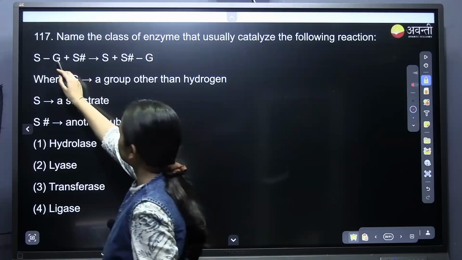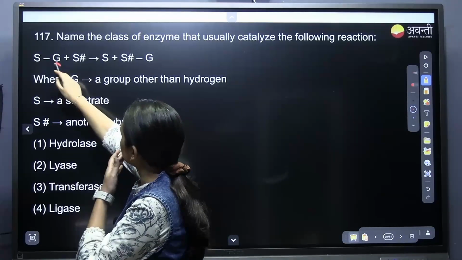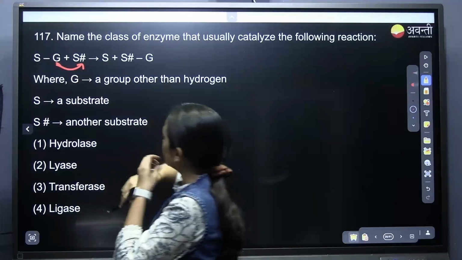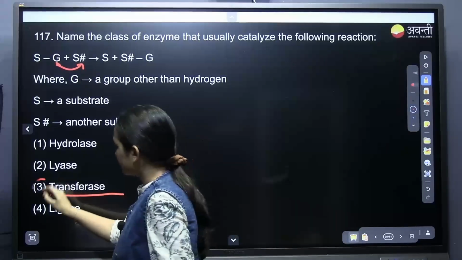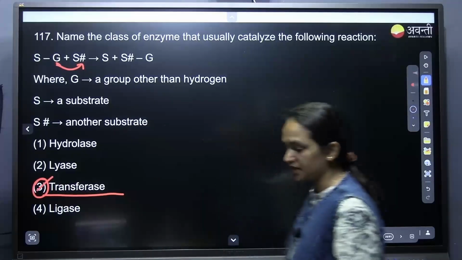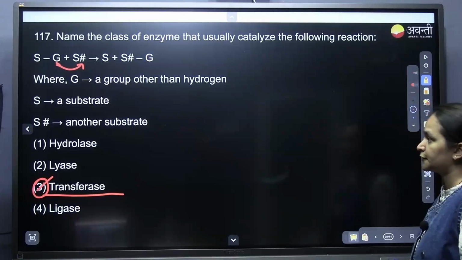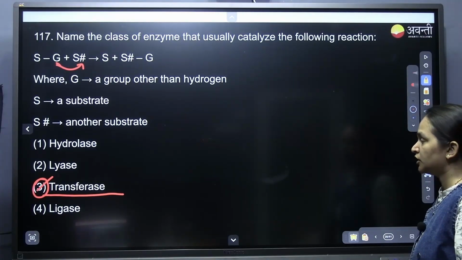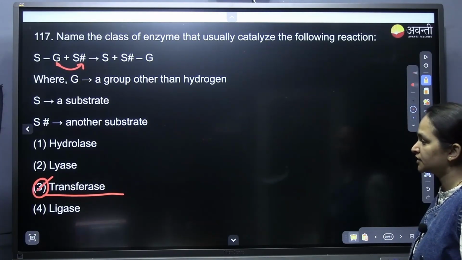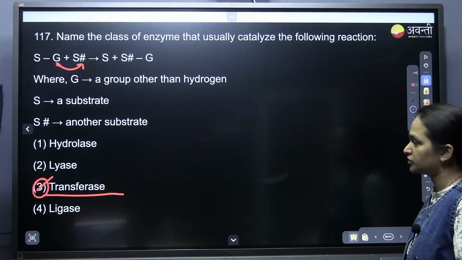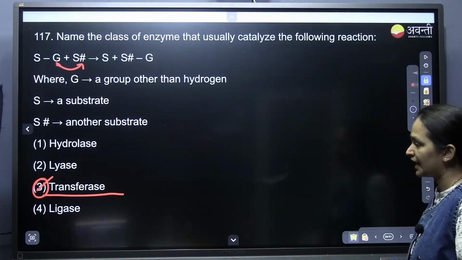G is transferred from this substrate to this one. So it is transferase. G is other than hydrogen, which means it is not oxidoreductase. Anyway, there is no such option also. So it is a transferase.